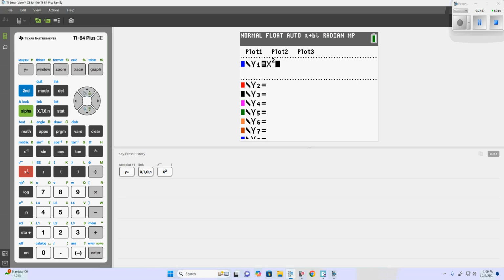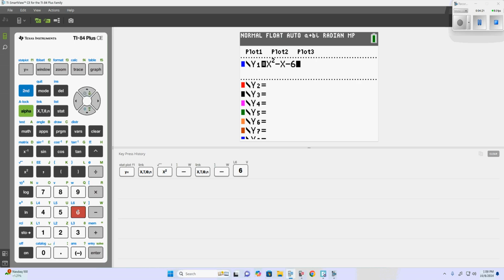Did we all find the square button? Then the next thing is minus x minus 6. So we have x squared minus x minus 6. Questions on how we got to this point? What are we wanting to do? We're wanting to solve this by graphing.